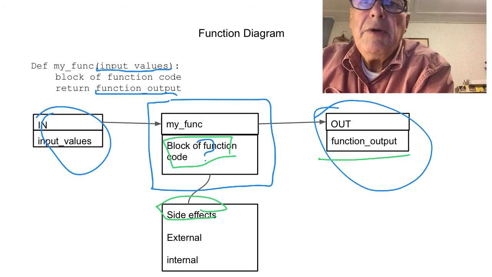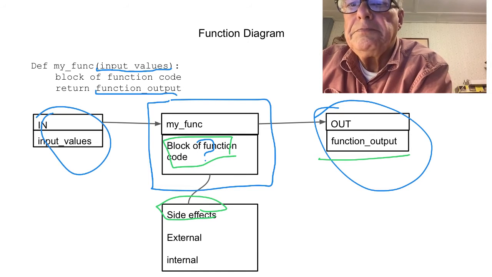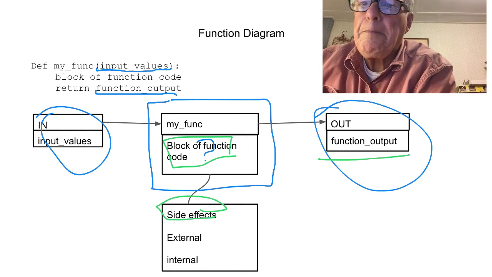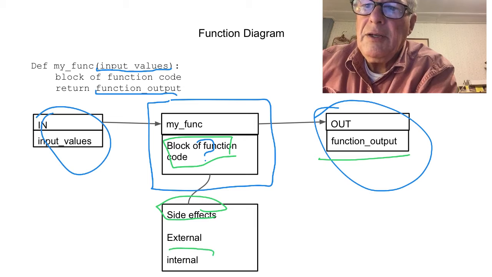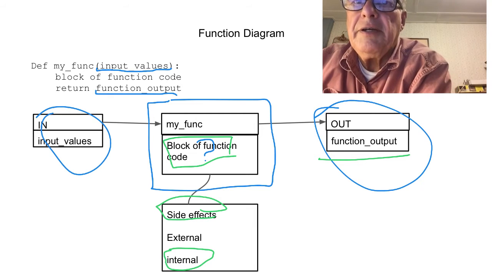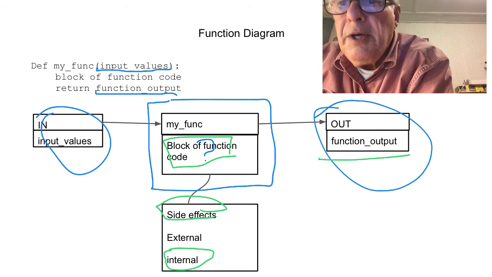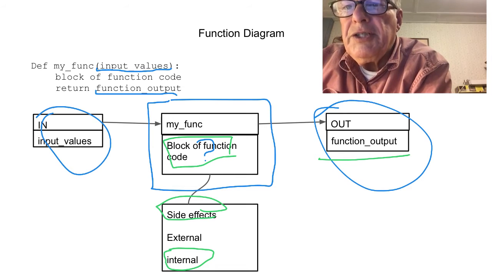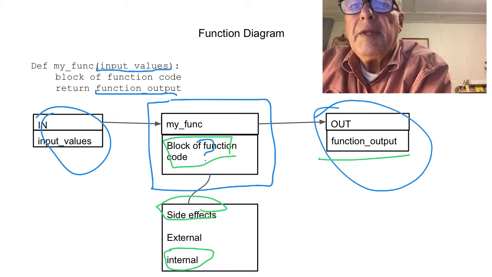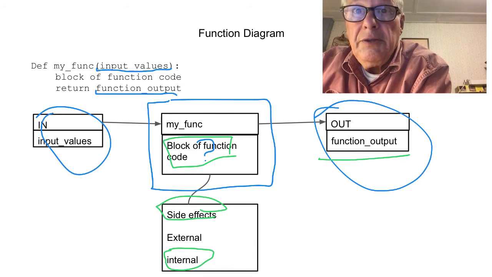And if you change some other value in your program outside of the function, I call that an internal side effect. That's my term. It's not a term that appears in the literature. But what it means is that it's changed something else in your program, and that can be exceedingly hard to debug.